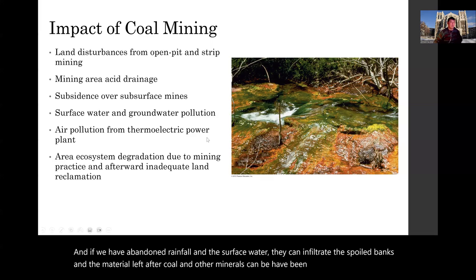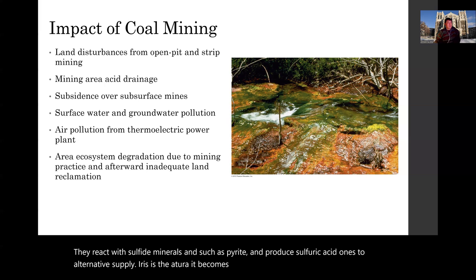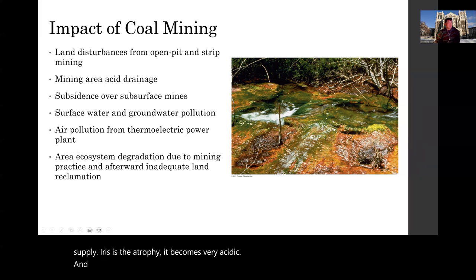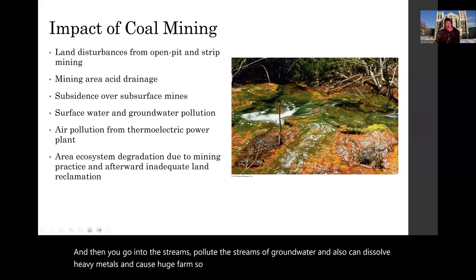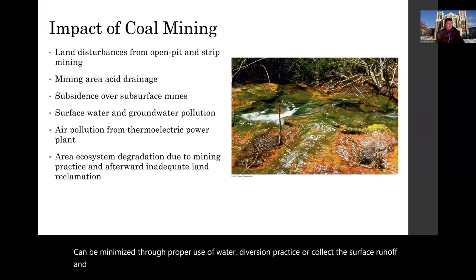It reacts with sulfide minerals such as pyrite and produces sulfuric acid. Once it turns to sulfuric acid, it becomes very acidic, goes into the streams and groundwater, pollutes them, and can also dissolve heavy metals, which causes huge problems. So acid drainage can be minimized through proper use of water diversion practices, or by collecting the surface runoff and groundwater before they enter the mine area and diverting them around.